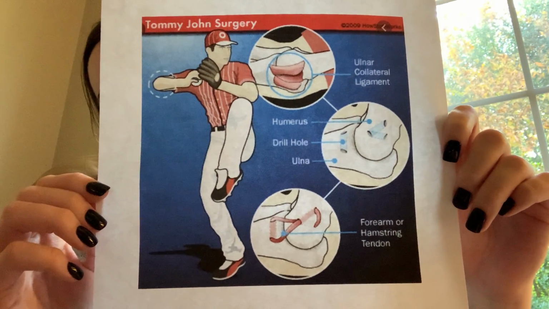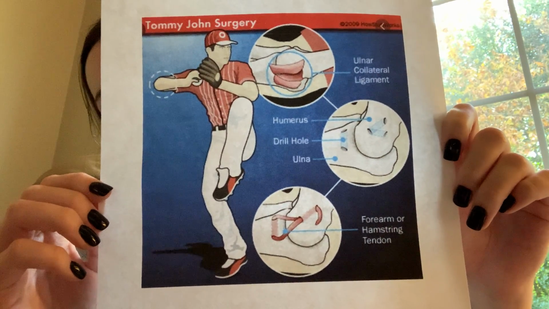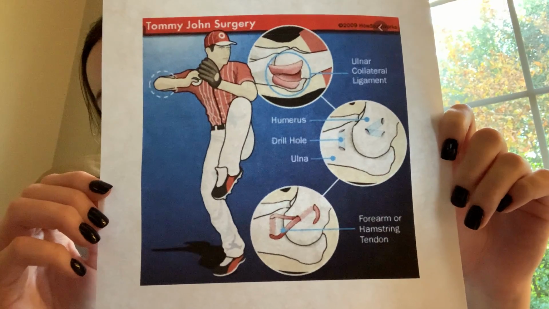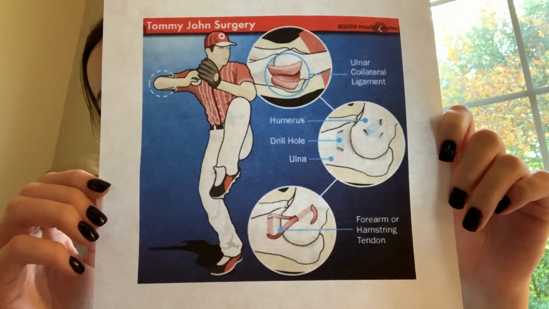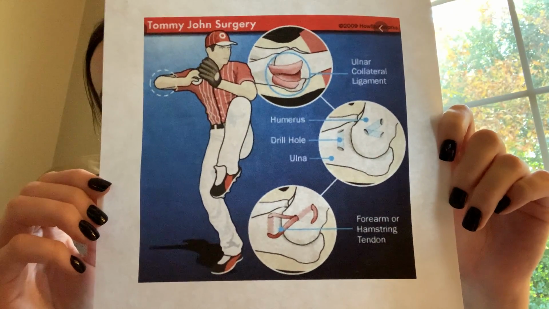They go in and drill holes in the ulna and humerus, and they'll take a tendon from a different part of the body and string it through, trying to regain that stability that the UCL provides. And this surgery is named after Tommy John, who was the first baseball player to go through this surgery.